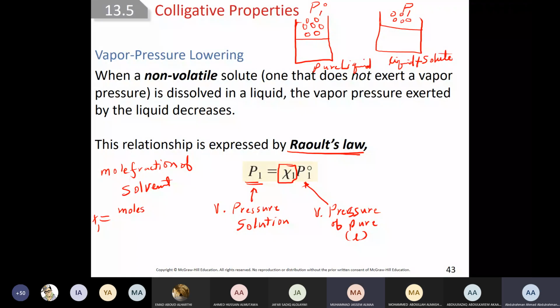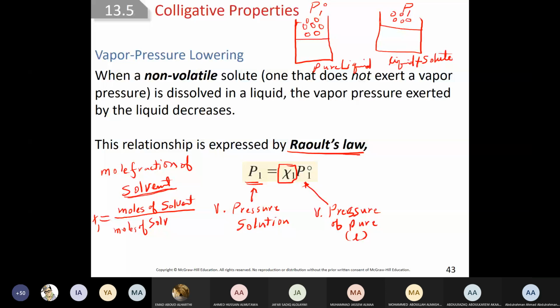No, I said mole fraction of solvent. So it's moles of solvent divided by moles of solvent plus moles of solute.